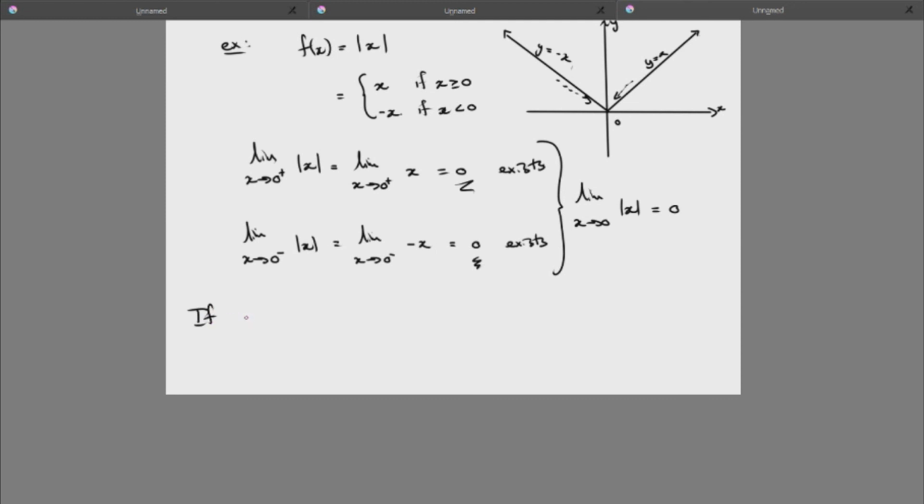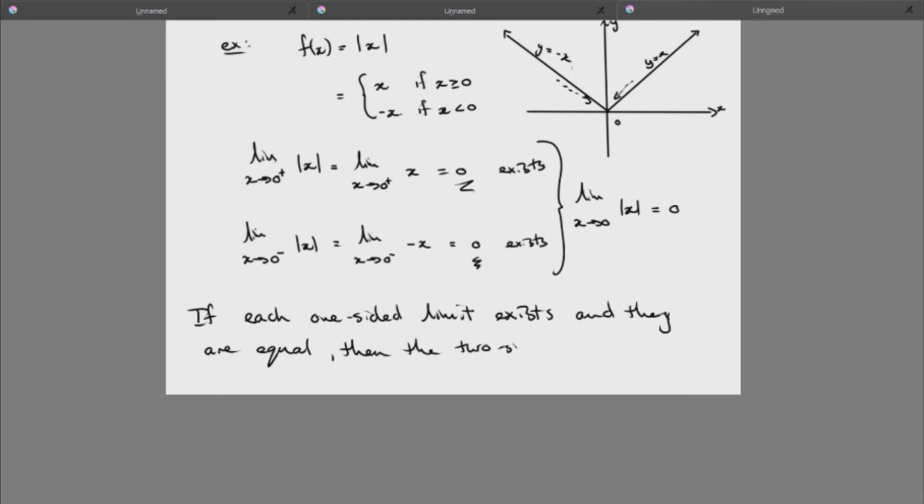If each one-sided limit exists and they are the same, they're equal to each other, like they are here, they're both 0, then the two-sided limit exists and is that same value.